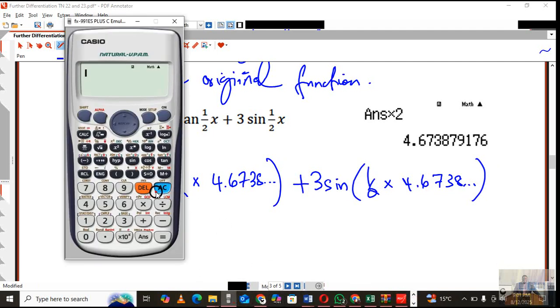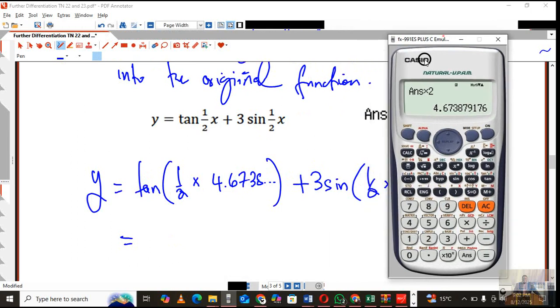Now I can go back, okay, here it is. So I'm going to take this value and I'm going to substitute it into my function.